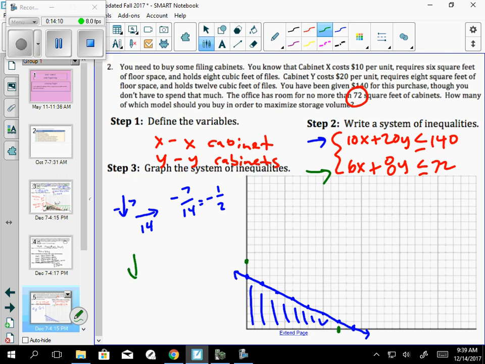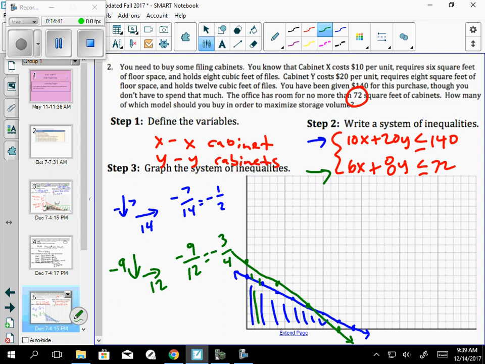So here on this one, we're going down 9 over 12. If you simplify that, it's the same as -3/4. So our slope is down 3 over 4. So point there, go down 3 over 4, down 3 over 4, and we connect those. Okay, and this one again is less than, so that's shaded underneath as well.